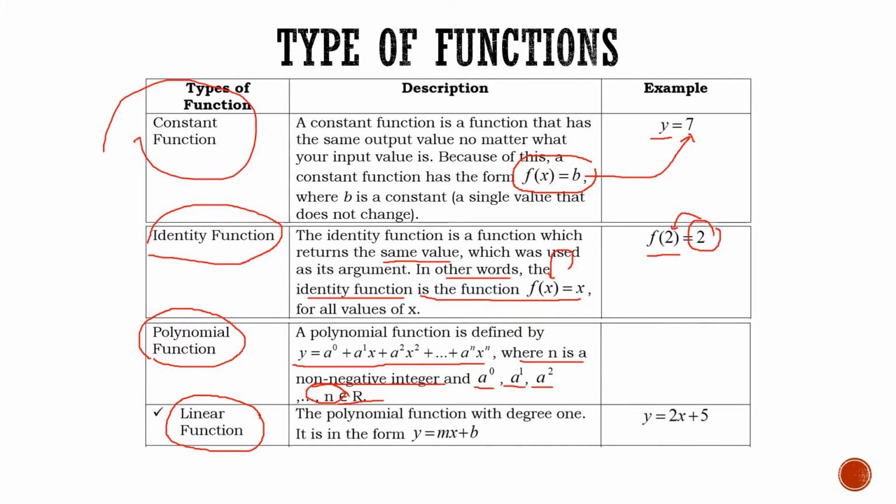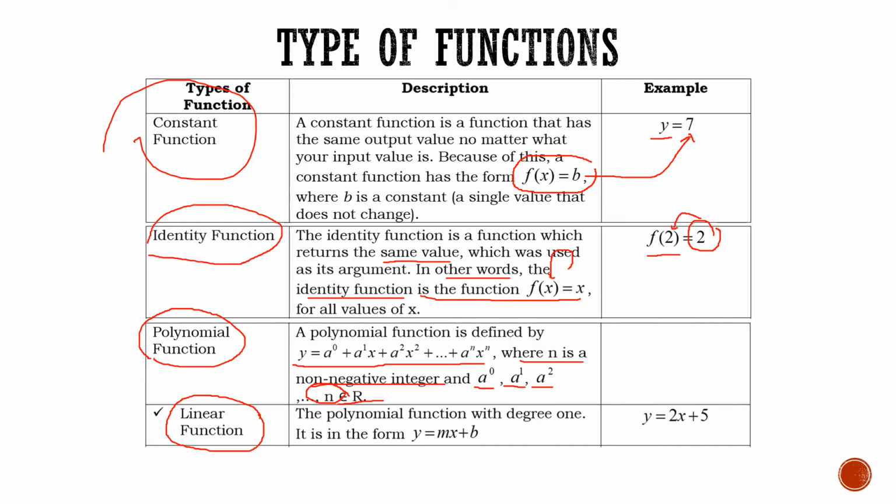So I mean to say, the highest exponent that you can see in this type of function is equal to 1. So that will be the highest exponent that you will see on this function.